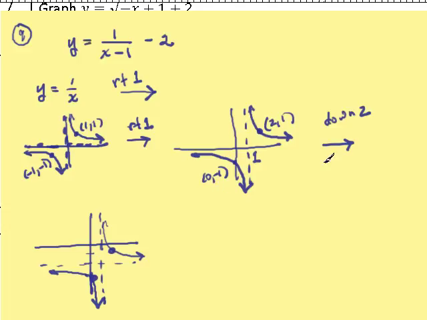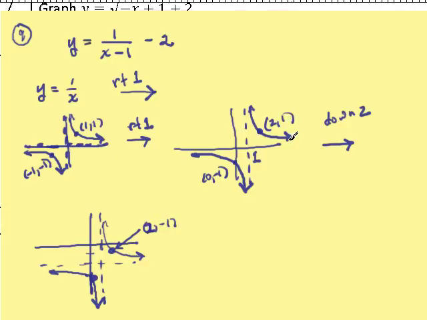So here we move down 2, so we're going to subtract 2 from here. 1 minus 2 is minus 1.